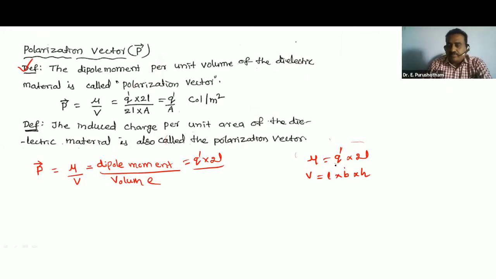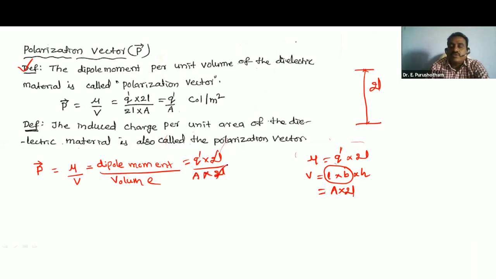Length into breadth, we can take as some area. The height is the distance between these two points, which I am taking as 2L. So substituting here, 2L gets cancelled, giving Q dash by A.